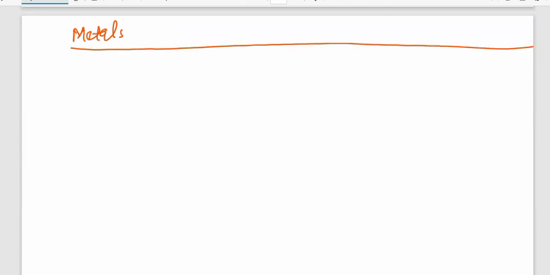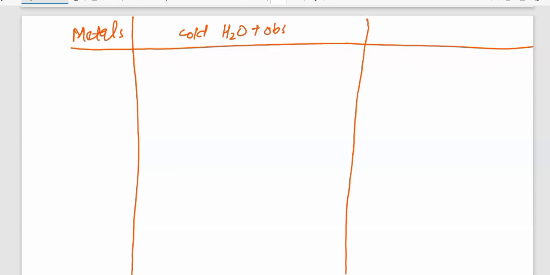What is the conclusion of this? We have different metals, their reaction with the cold water, the observation, and then reaction with the steam. First, let me take potassium, K. It reacts violently and forms a hydroxide, and hydrogen gas is produced.